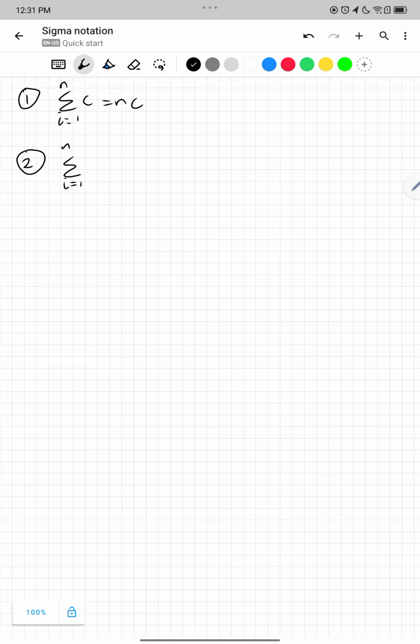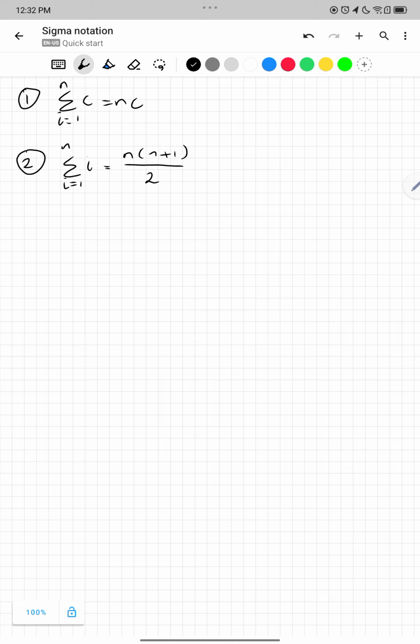Let's see. Summation of i will be n plus 1 over 2. This could be deduced from the summation of an arithmetic sequence, a linear sequence.